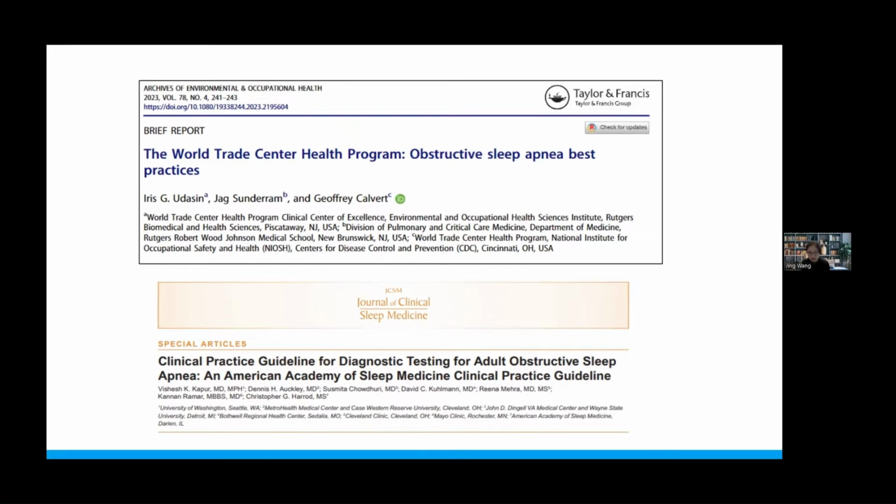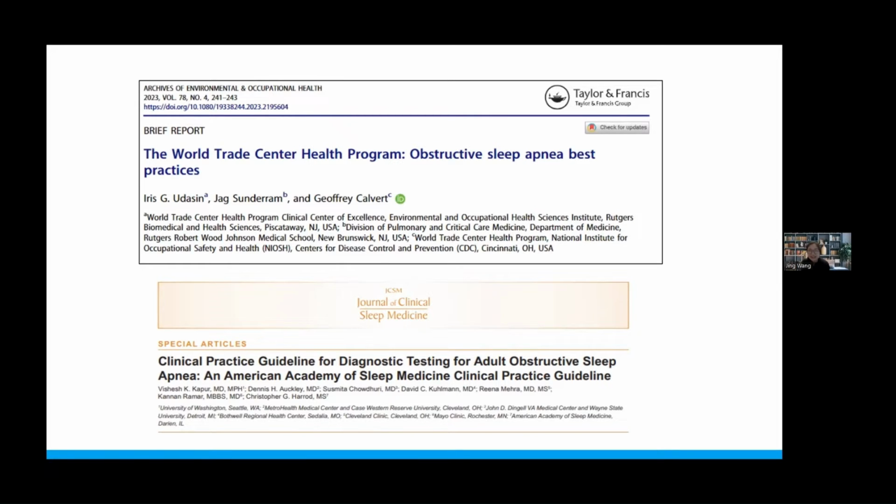Moving on to the next phase of the talk, to help anchor the different topics that I'll go through, I tried to highlight a couple of papers, some of which may already be familiar to the group. These papers have been very helpful in serving as a guide to the understanding and management of OSA.